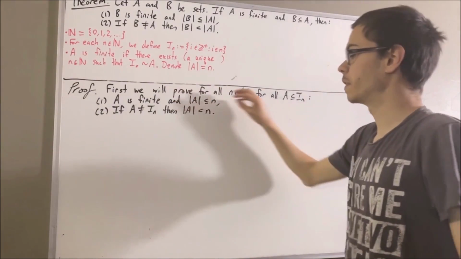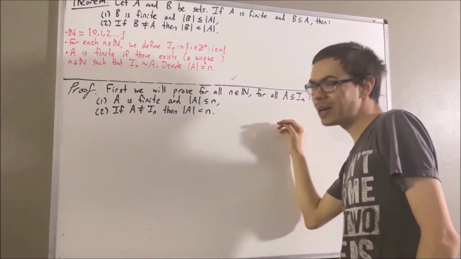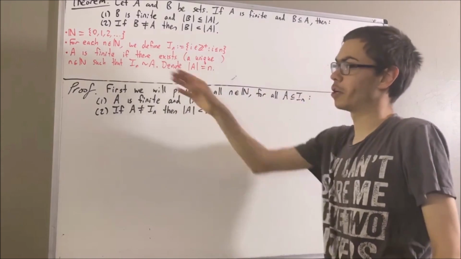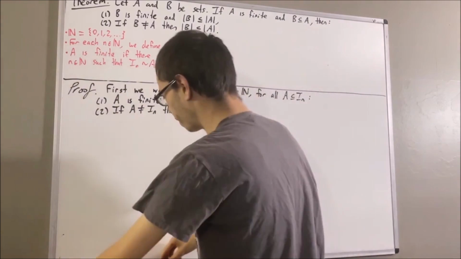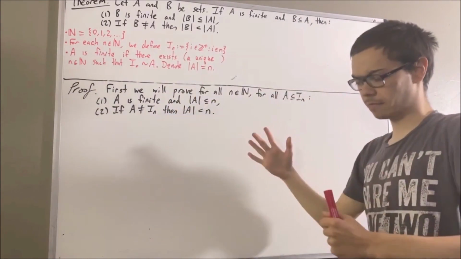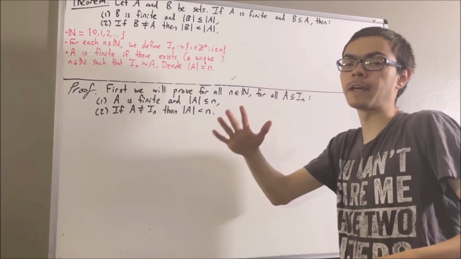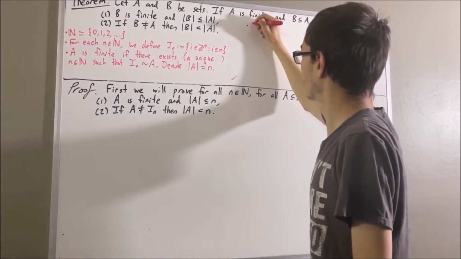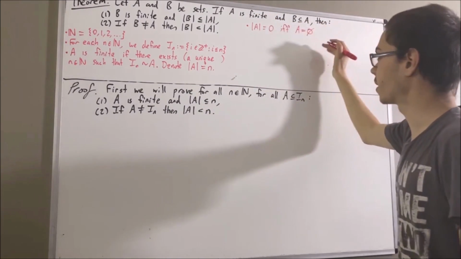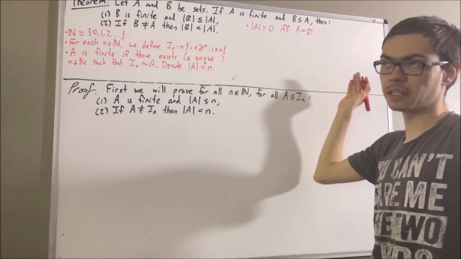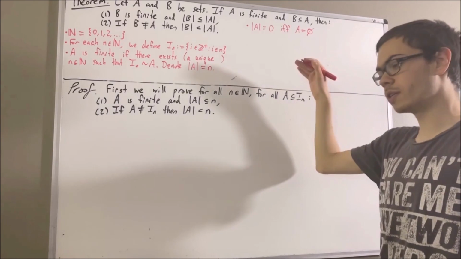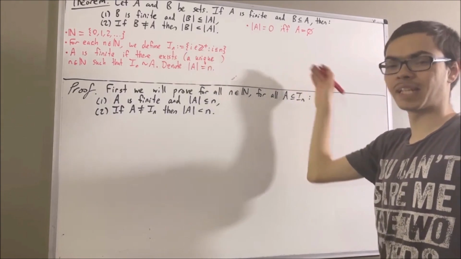And to prove this, we're going to primarily rely on 3 facts regarding finite sets. The first is that given any set A, the number of elements in A is equal to 0 if and only if A is empty. The second is that given any set A, the number of elements in A is equal to 1 if and only if A is a singleton set.